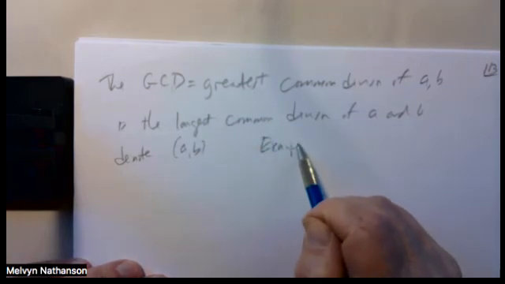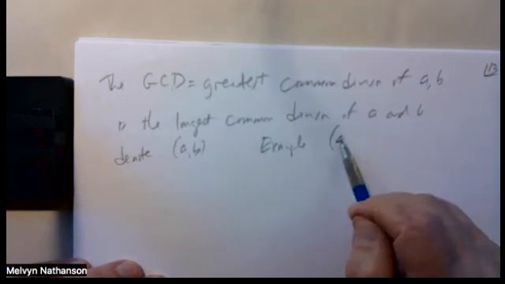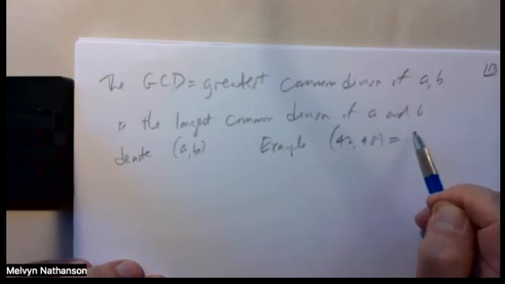So for example, the greatest common divisor of 42 and 48 is 6.